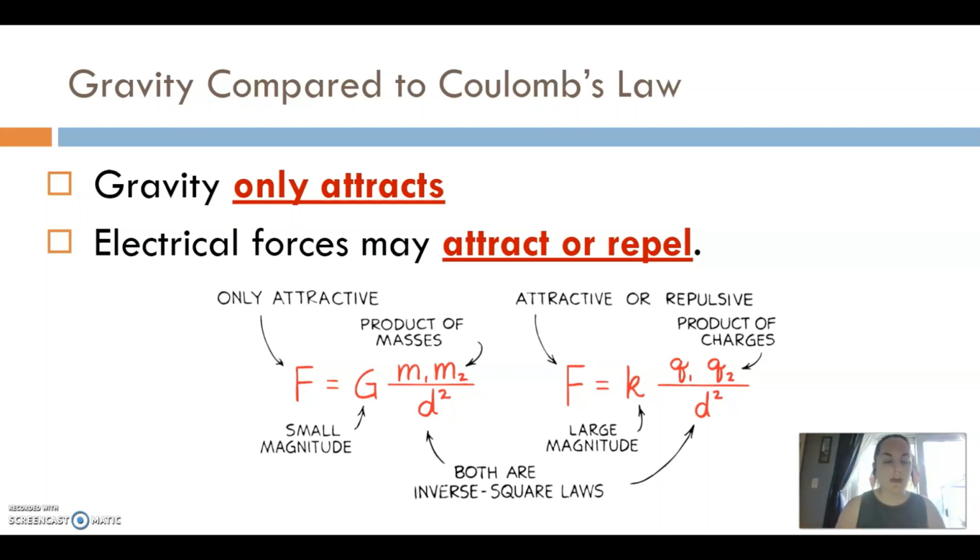The constant k is 9 times 10 to the 9th newton meter squared over coulomb squared, where G is 6.67 times 10 to the negative 11th newton meter squared over kilogram squared. And so, again, just really different magnitudes. k is a very large magnitude, G is a very small magnitude. And that sums things up.